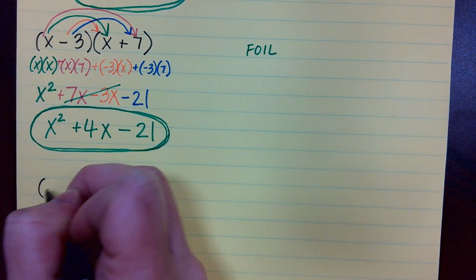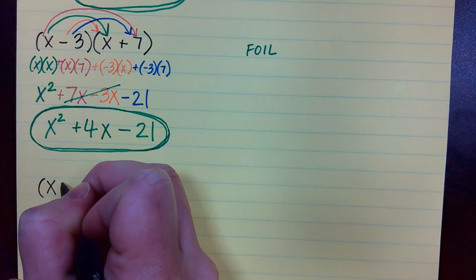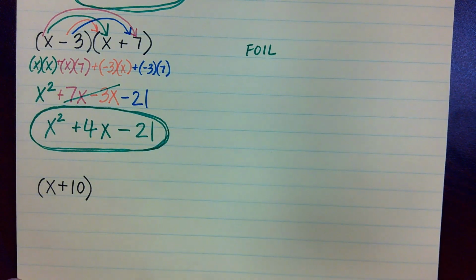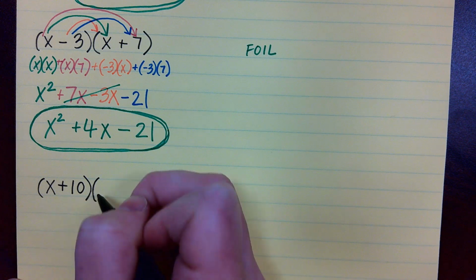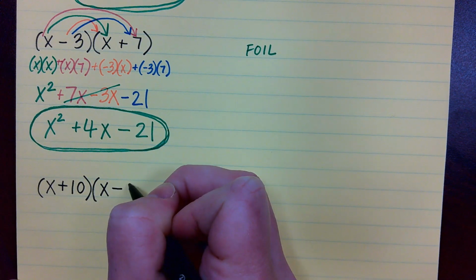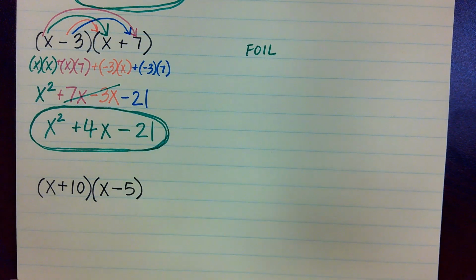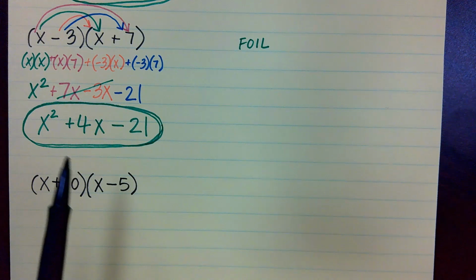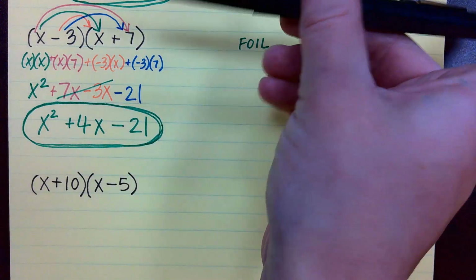Let's try x plus 10 times x minus 5. Now remember, at least what we were doing up here, just trying to guide you through this.